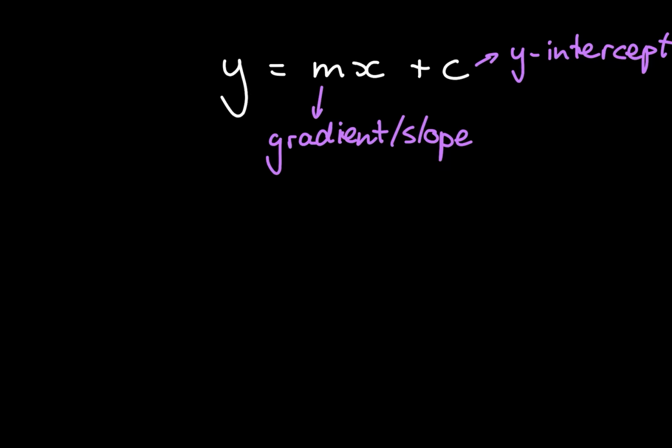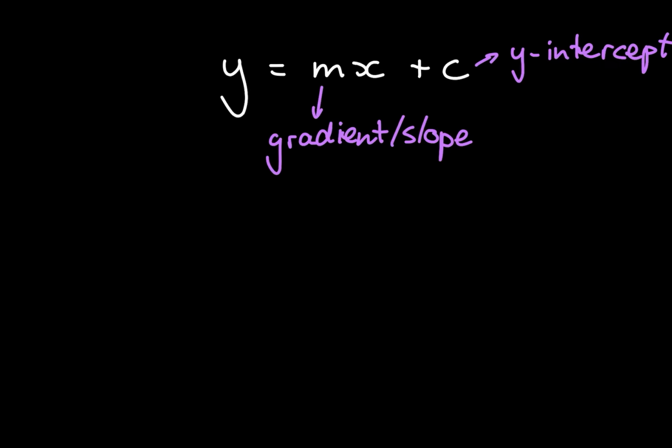Now your y-intercept can be positive, as in it can be in that part of the graph. It can be negative, it can be at 0, or you may not have a y-intercept, for example, if you have a vertical line.